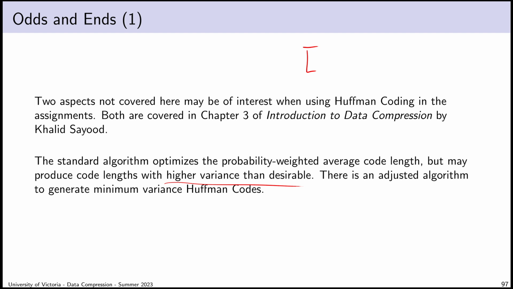There is an algorithm that still minimizes L bar but generates minimum variance Huffman codes. We're not going to need that in this course, but in case you care, or in case you're a grad student that wants to talk about it later, or if you wanted to use it on, let's say, assignment 4, it's in one of our books. This is a great book for this theoretical style of analysis of compression schemes.